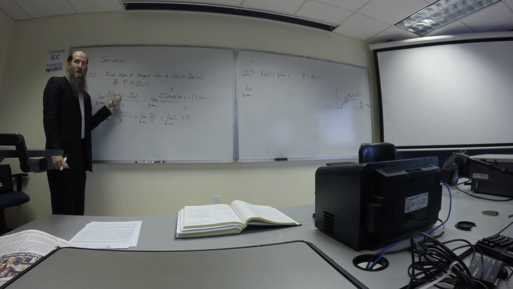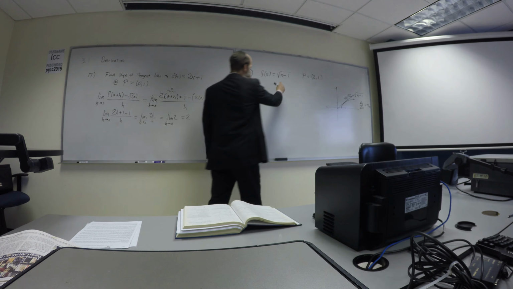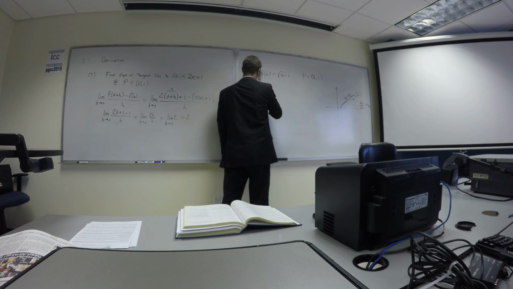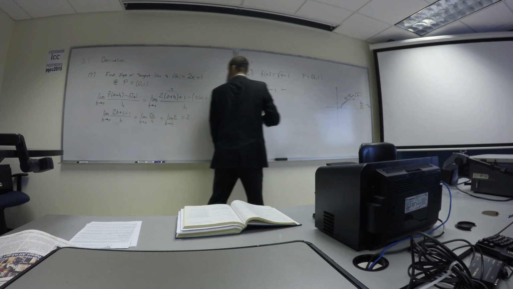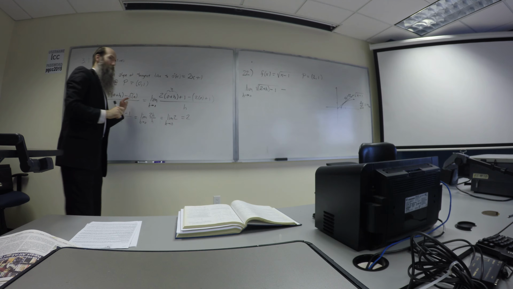What is a in this context? The function is root x minus 1. What is the a we have to put inside? 2. So we're going to put 2 plus h inside this expression. So the root of 2 plus h minus 1 on the inside, minus the function with just 2 plugged in.